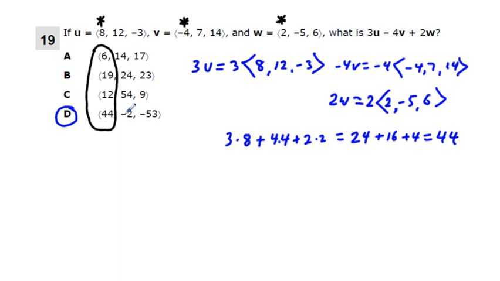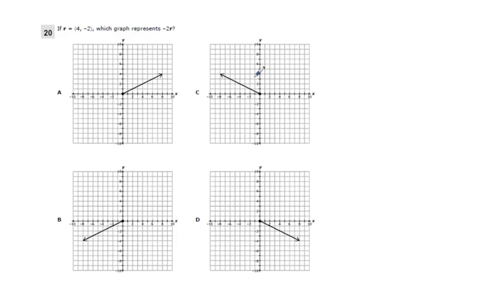Next, 20. If r equals 4 comma negative 2, which graph represents negative 2r? So to find negative 2r, we can just take negative 2 times this vector 4 comma negative 2, and what we get here is negative 8 comma 4.